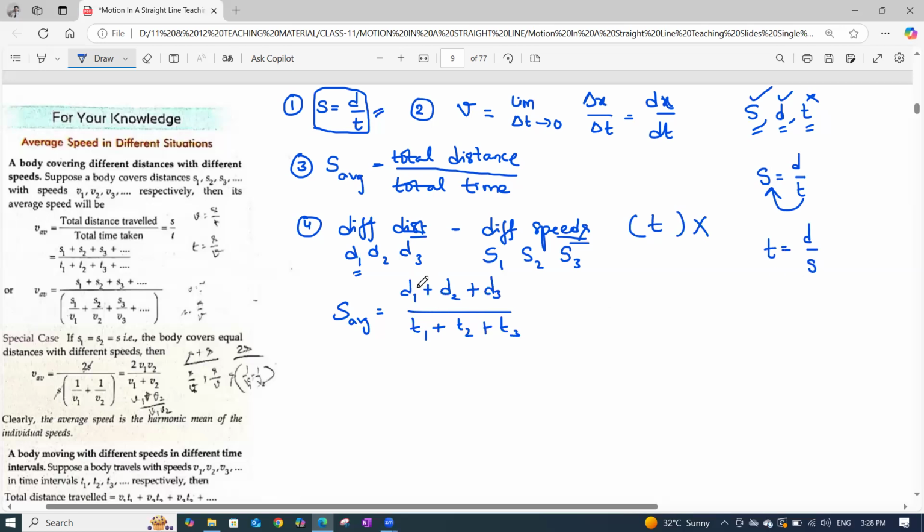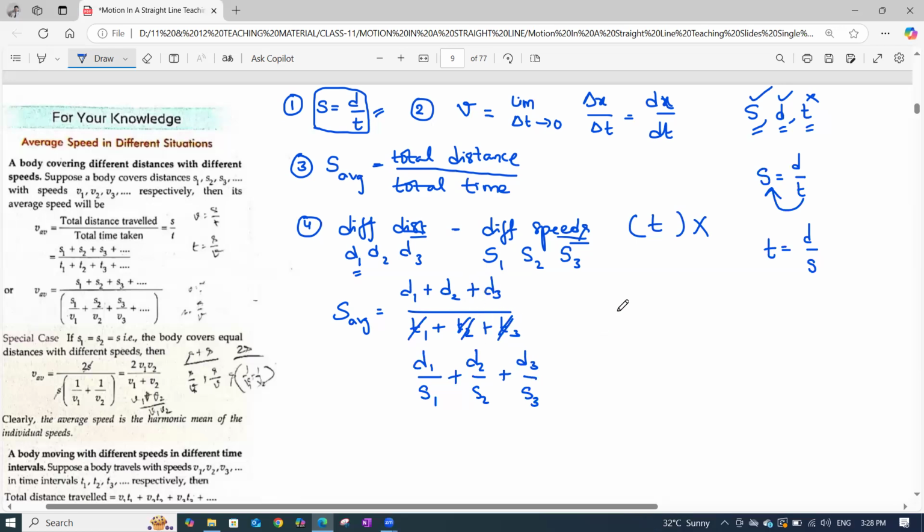Now we know distance d1 and we know speed s1. Instead of t1, you can write d1 by s1, plus instead of t2 you can write d2 by s2, and instead of t3 you can write d3 by s3. Here d is distance, s is speed.